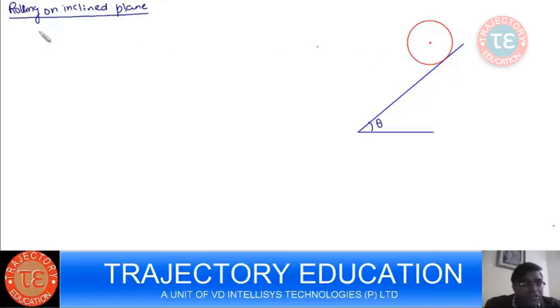I have given you that the solid sphere of radius r rolls on an inclined plane.